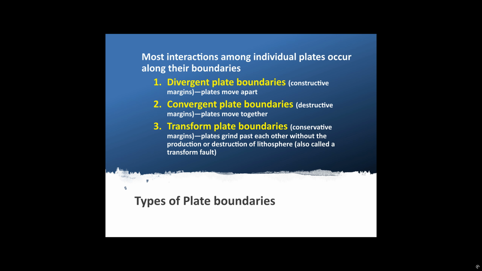And then we have transform plate boundaries. These are what we call conservative margins. In a transform plate boundary, the plates basically grind horizontally past one another without the production or destruction of crust. These can also be called transform faults.